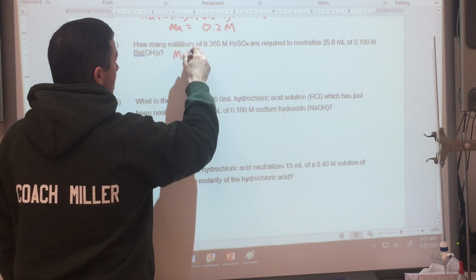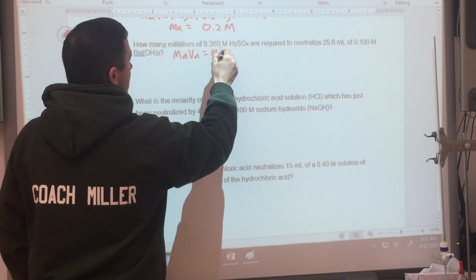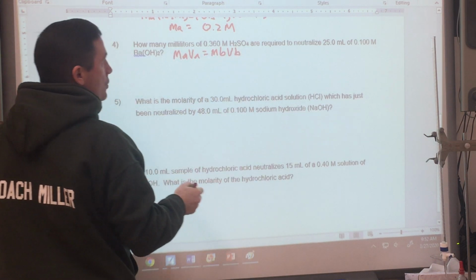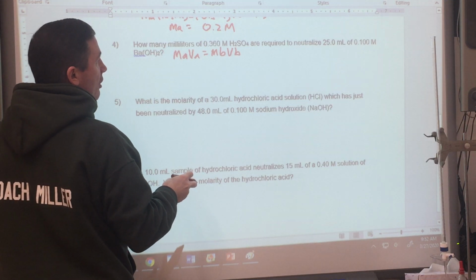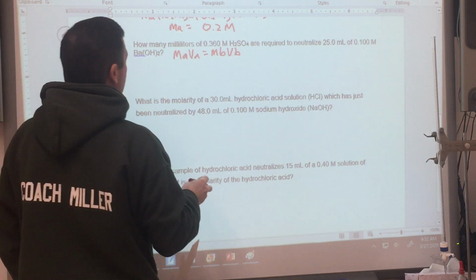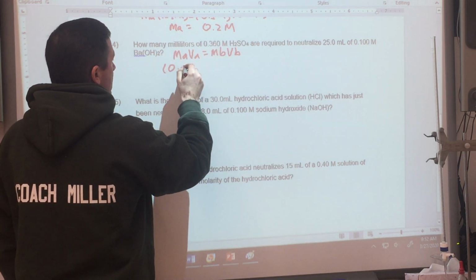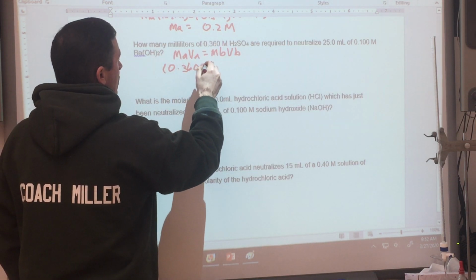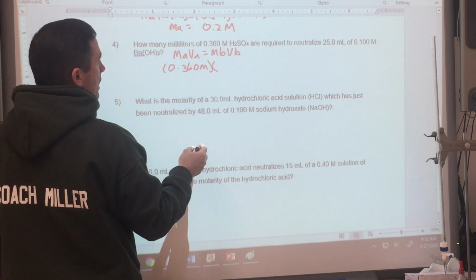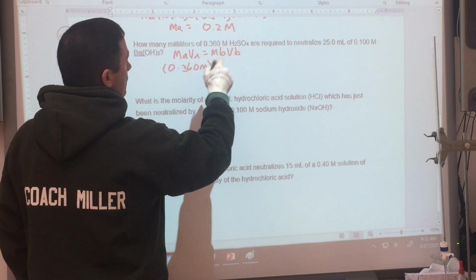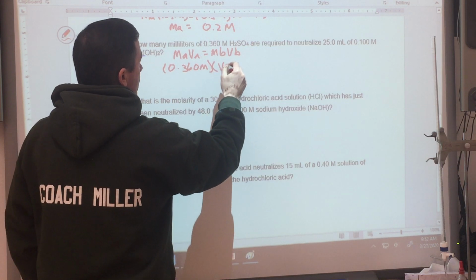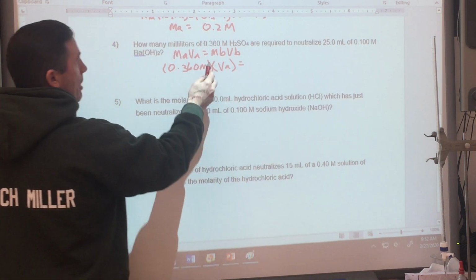So here I am, MAVA, MBVB. Neutralize 25 milliliters of 0.1 molar Ba(OH)2. So here's my molarity of the acid, 0.36, and I'm looking for the volume. So that's what I'm solving for.